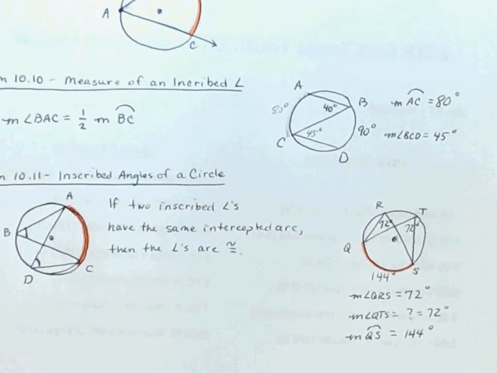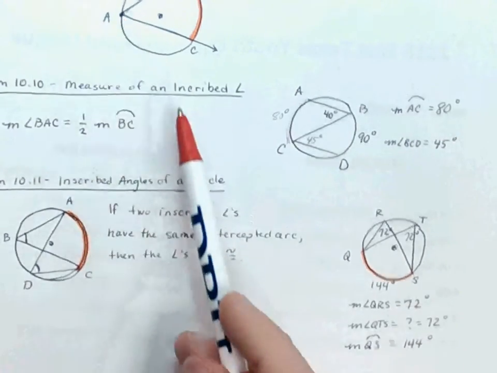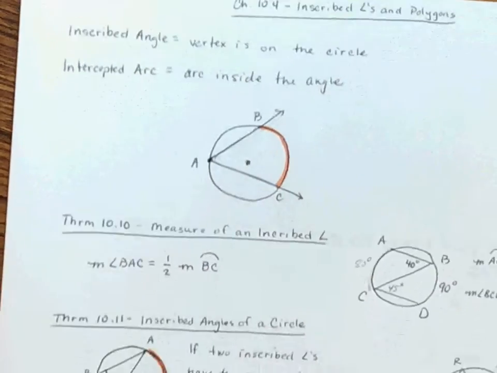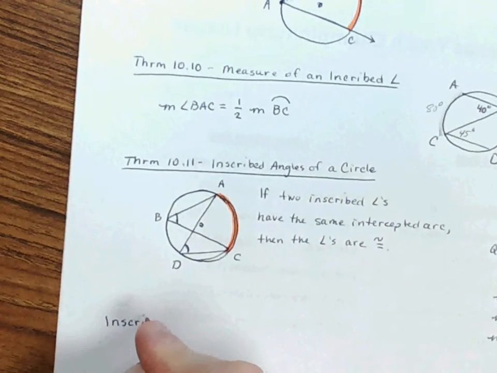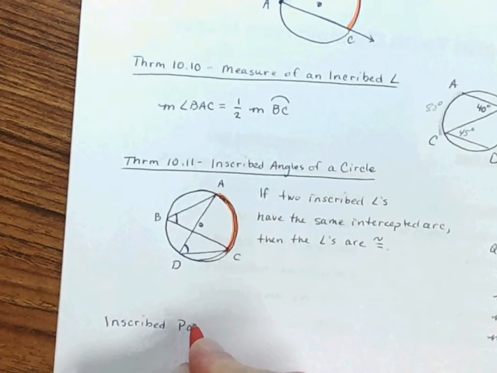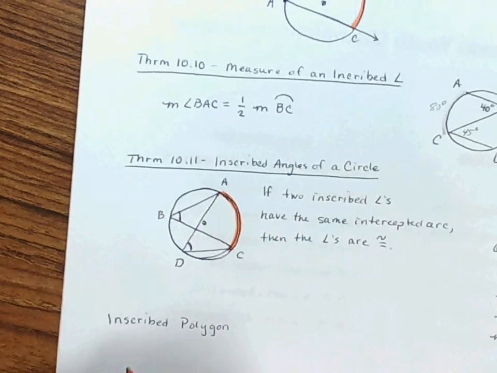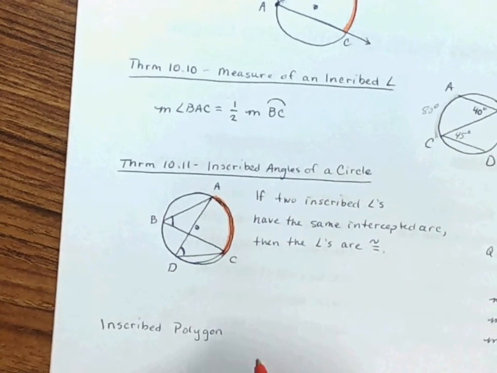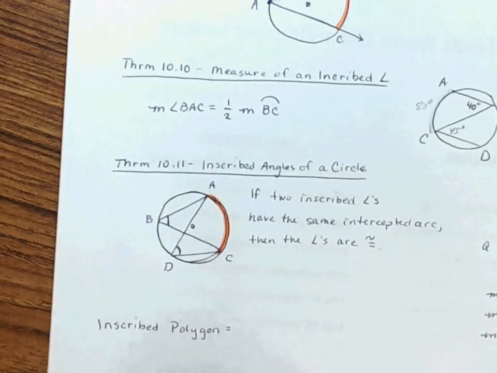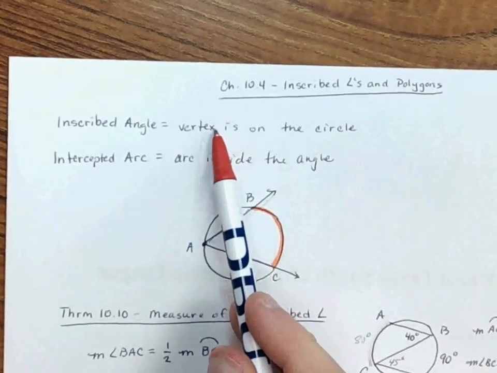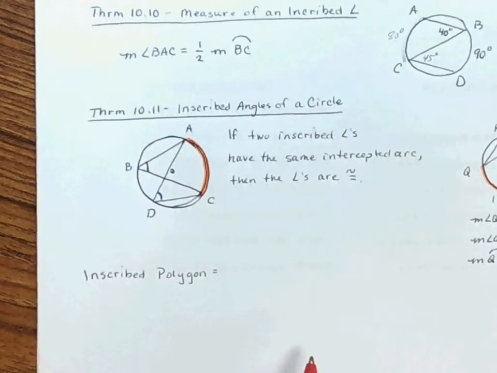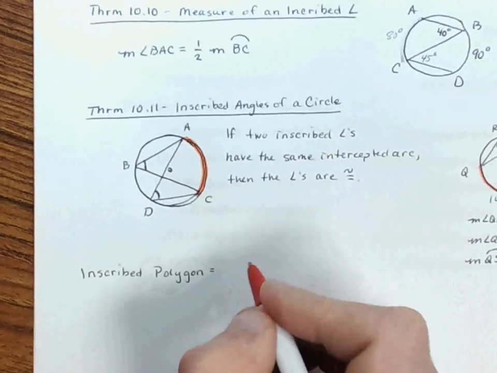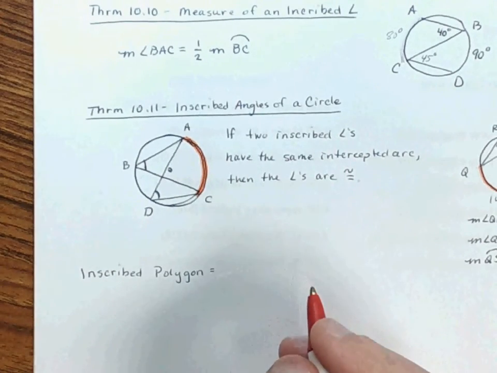Okay. So inscribed means the vertex is on the circle. Now let's talk about inscribed polygons. If an inscribed angle has a vertex on the circle, an inscribed polygon is going to be a polygon whose vertices are all on a circle.